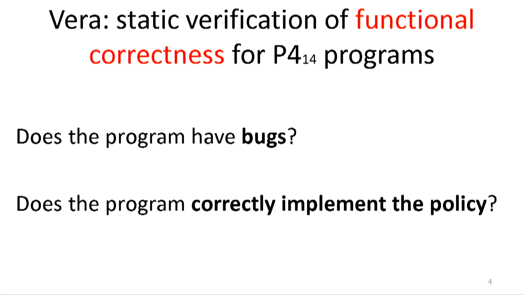Functional correctness, we check for the obvious programming errors in P4, such as invalid memory access, parsing and deparsing errors, but as well, we do checks for higher level properties such as correct policy implementation and so on. We do this assuming correct functioning of the P4 infrastructure, such as the compiler and the device itself.